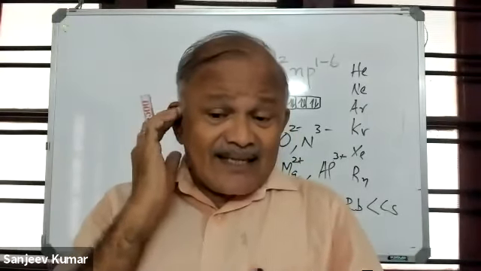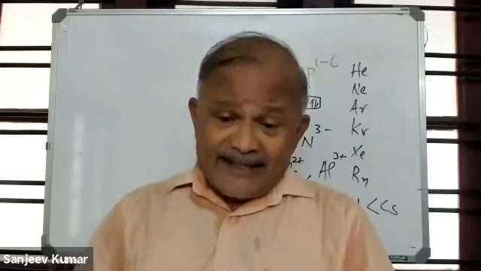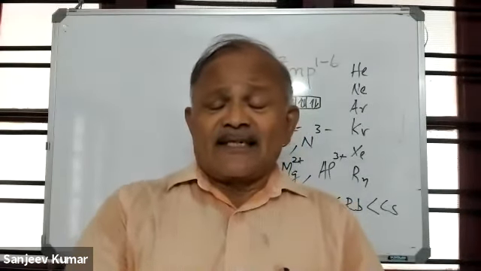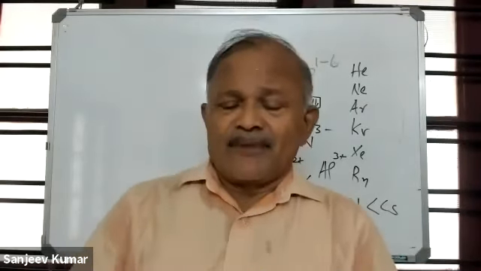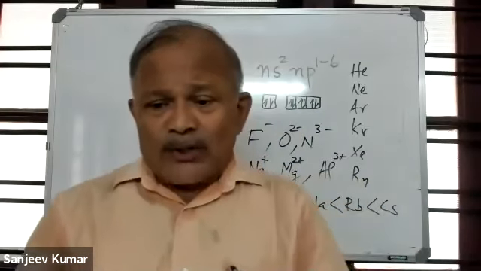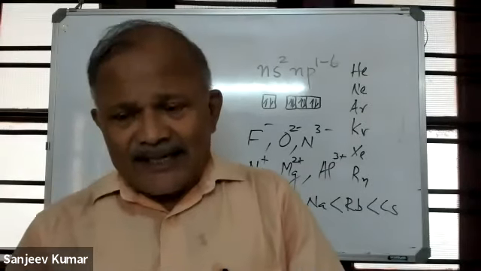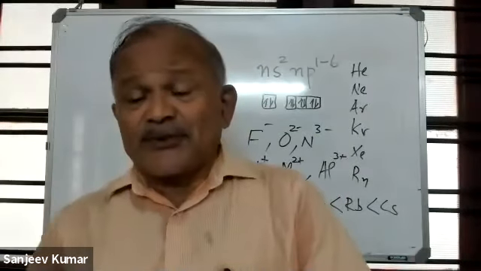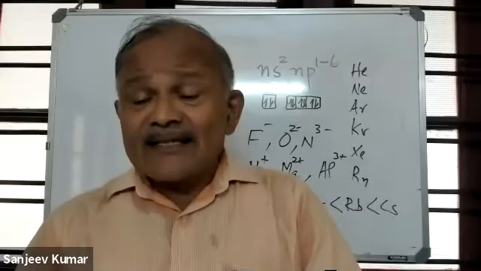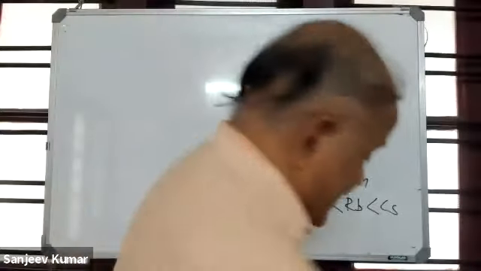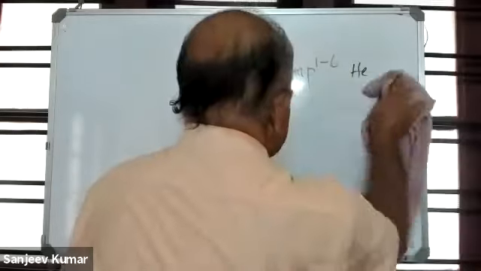The first, second, and third elements in the second period are lithium, beryllium, and boron. They are diagonally related to the second, third, and fourth elements in the third period.